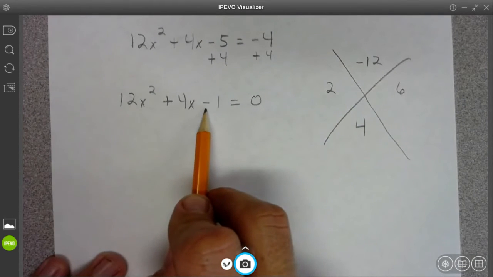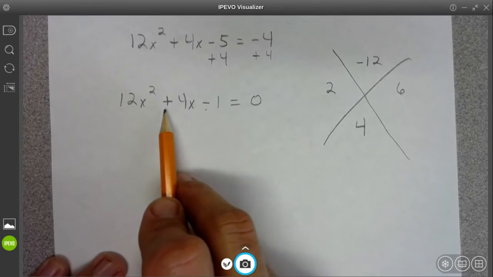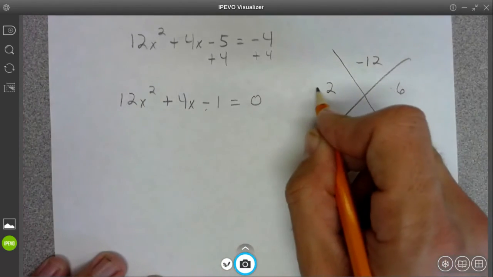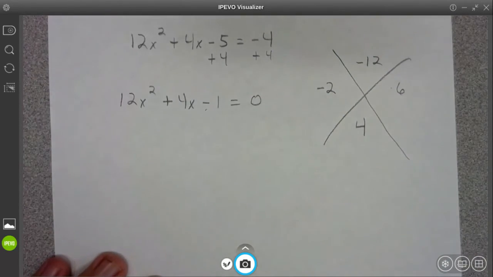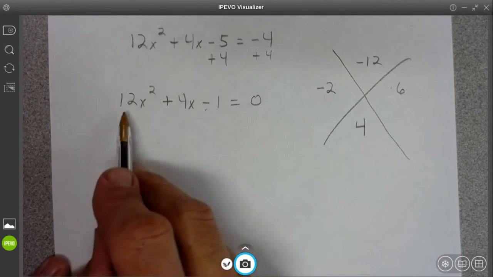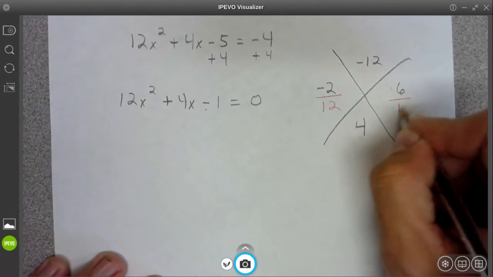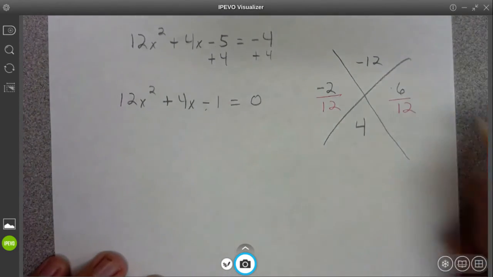This tells us that they have different signs. One's positive, one's negative. And this tells us that the bigger number is positive. So positive, negative. Now we got to divide these by 12. Sure is a lot of steps to remember.